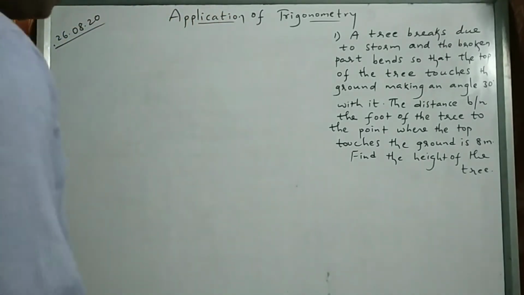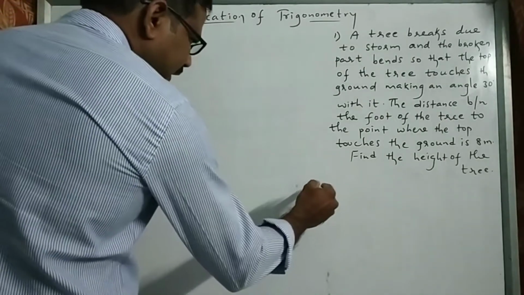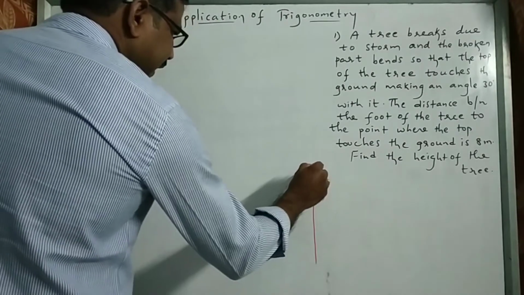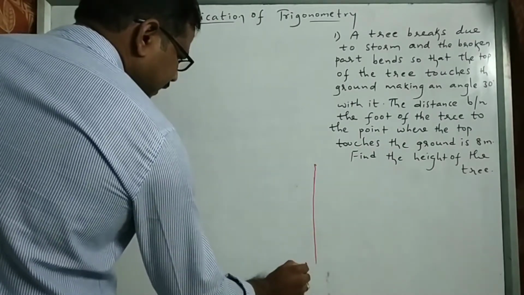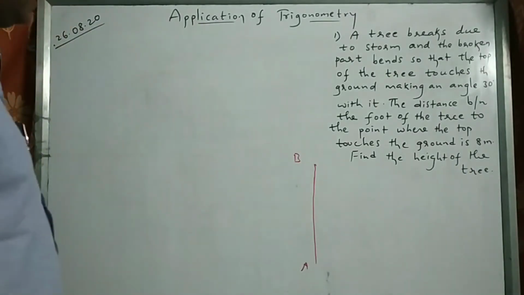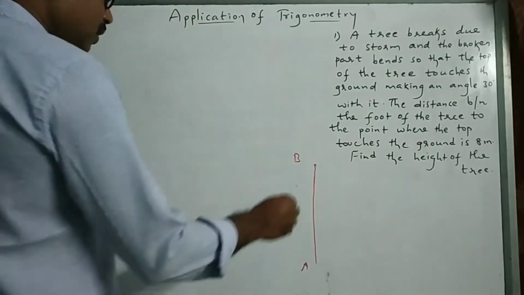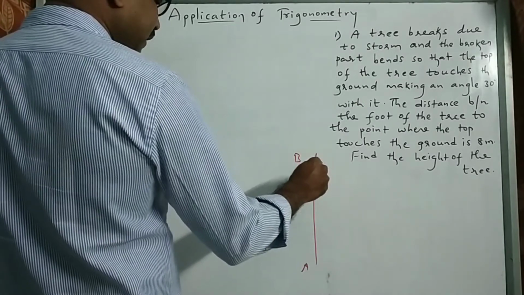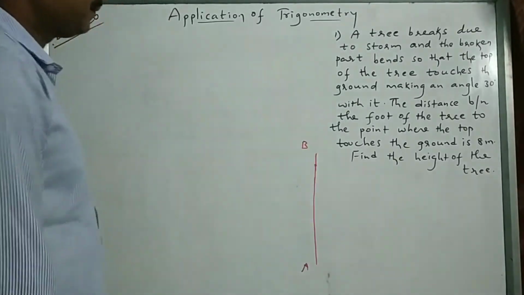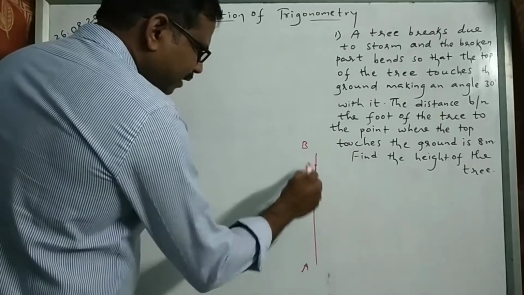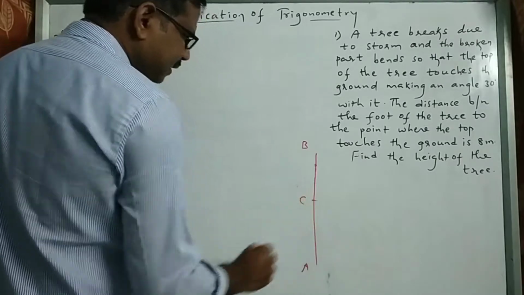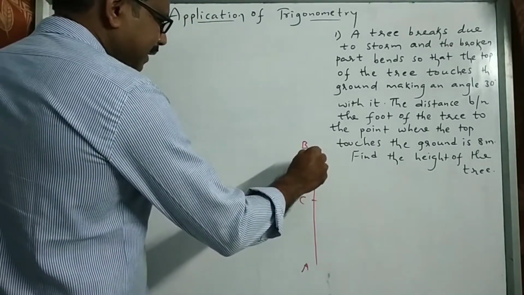Okay. So I'll just draw one rough diagram for this data. This is the total height of the tree. Let AB be the total height of the tree. Suppose some part was broken due to storm. Let me take this BC part.